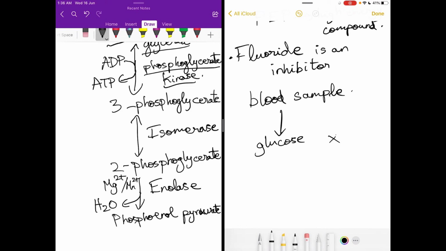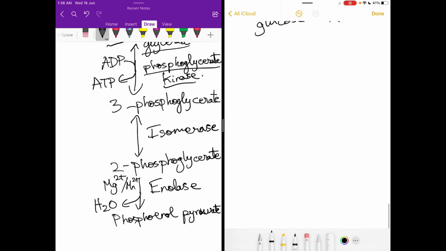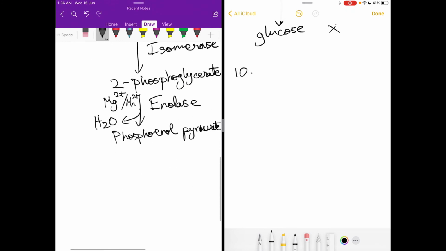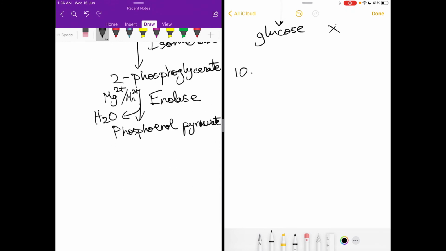Okay, so that being said, we can move on to the 10th reaction or the final reaction, where this phosphoenol pyruvate is converted to pyruvate, the eventual substrate. Now when this pyruvate is formed, again, as you can see, phosphate is lost, right?